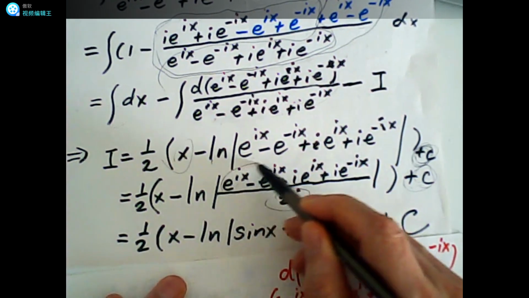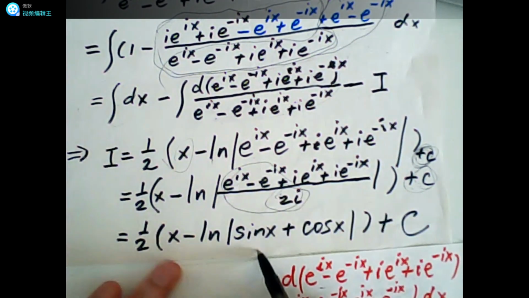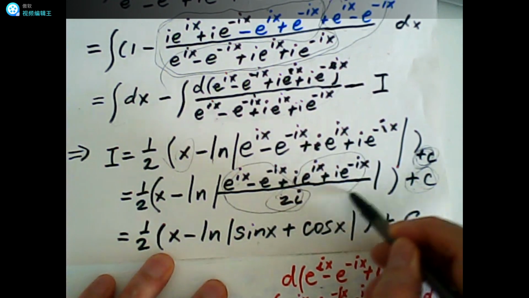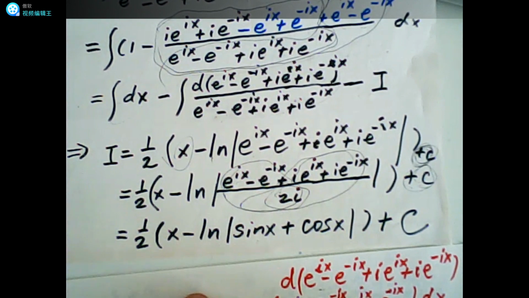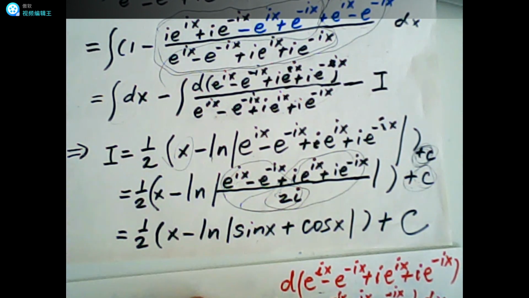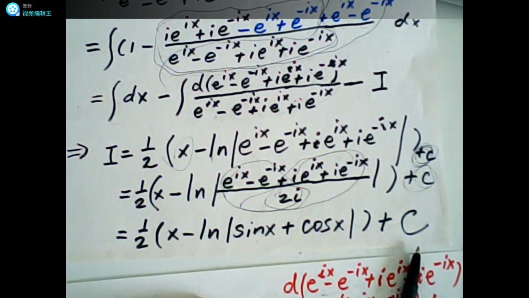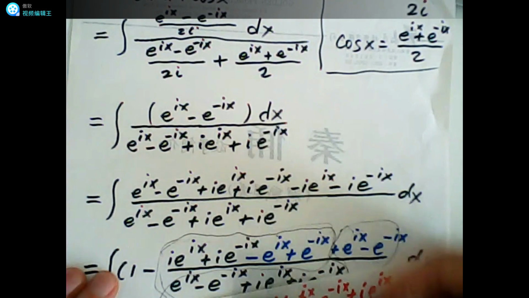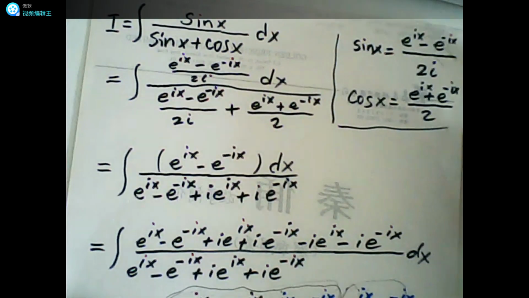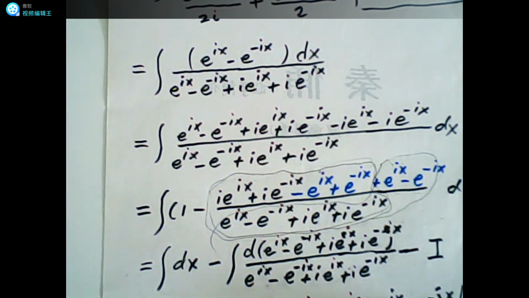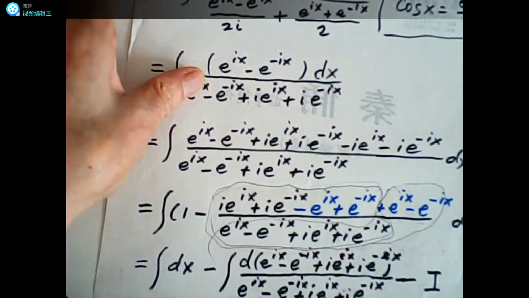And this over that is sine x. This over that is cosine x. So that is my result. Okay, this is method 3. Now, because this method has a lot of tedious writing, therefore I present in this way, right? So this is method 3.